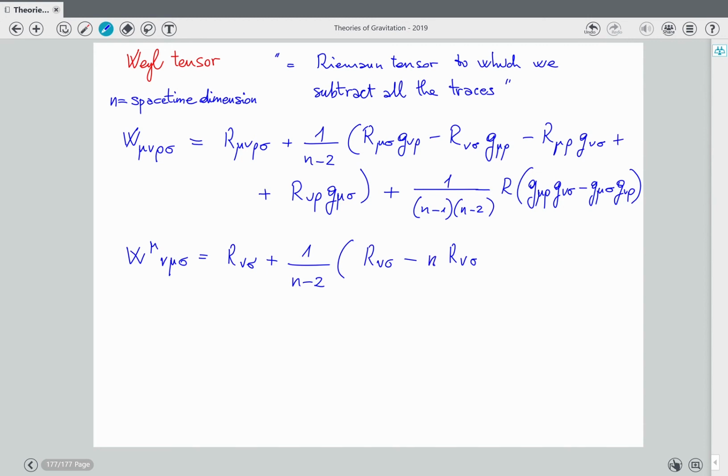And so you have minus n. The third term with mu equal rho gives the Ricci scalar. And the fourth term with mu equal rho gives again r nu sigma. So you see that n minus 2 goes away.